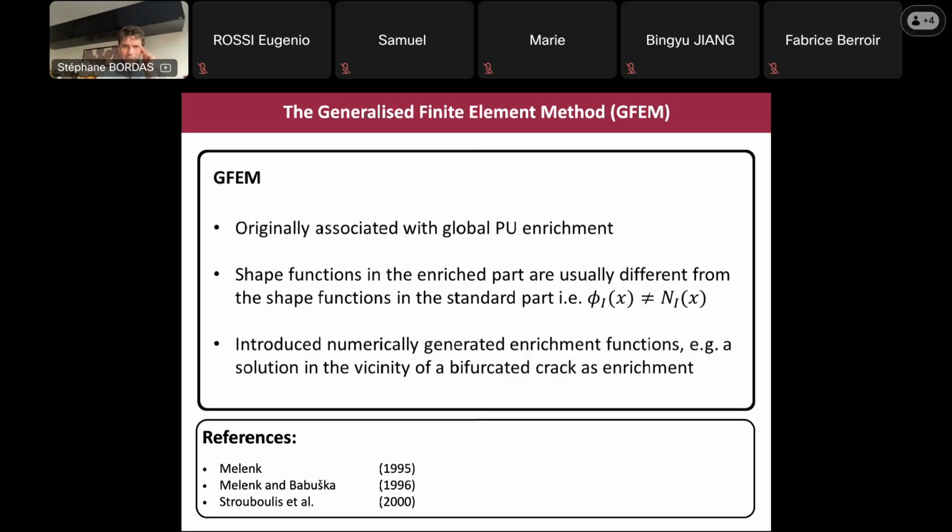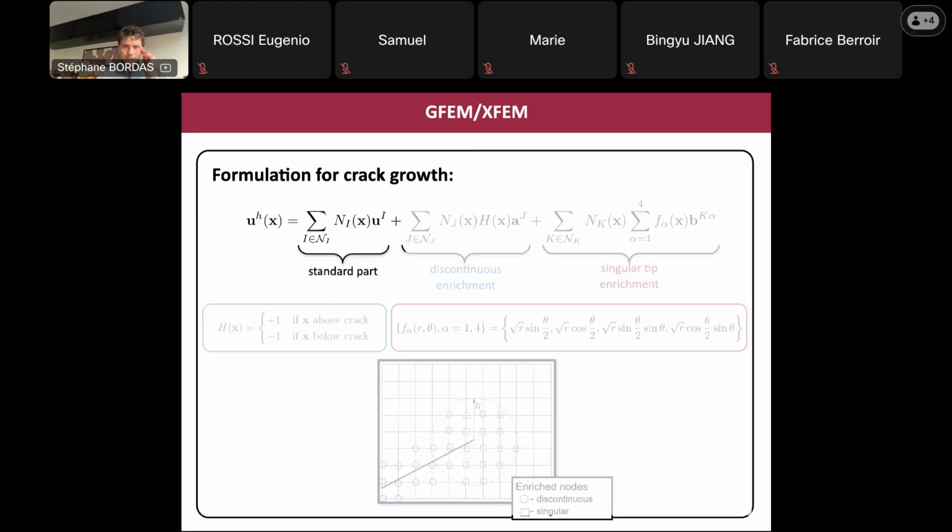and more constructed. Right. So now if we take the example of fracture, so a crack, what is going to happen now? Well, you're going to have this function u_h of x. That's the one you see here. And that is going to be approximated by 3 terms that you see. The first one is the standard part.